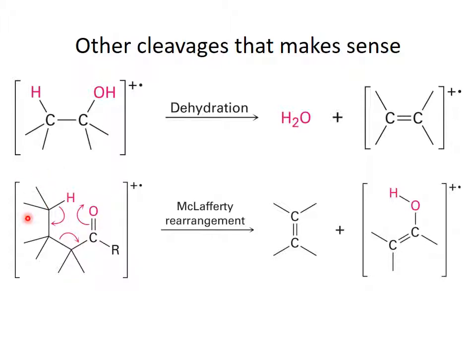You can get this thing called McLafferty rearrangement, where this hydrogen is transferred to the oxygen, and this pericyclic rearrangement of the electrons gives us an alkene that's neutral and this carbocation that is stabilized by the non-bonding pairs on an oxygen.